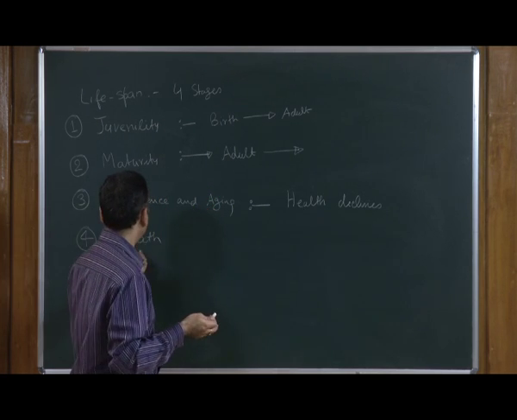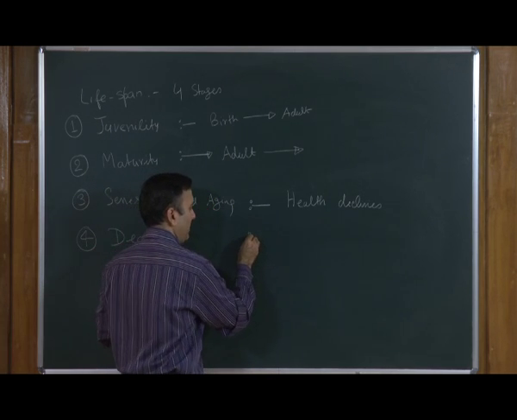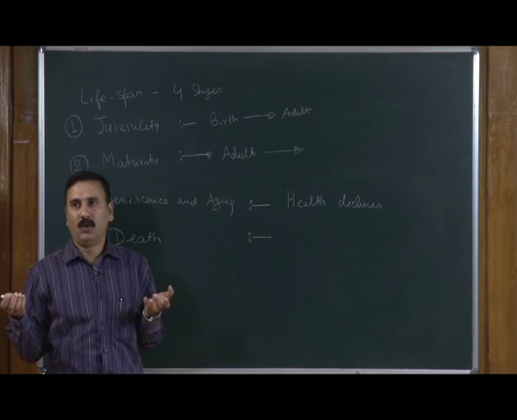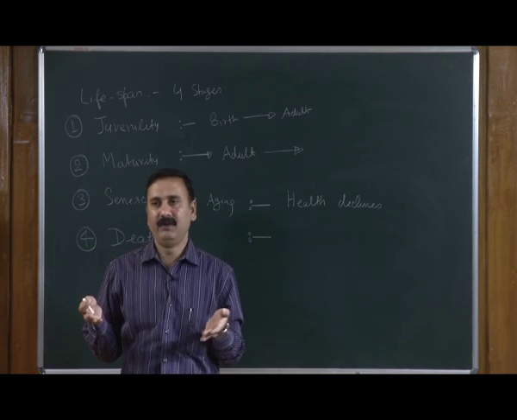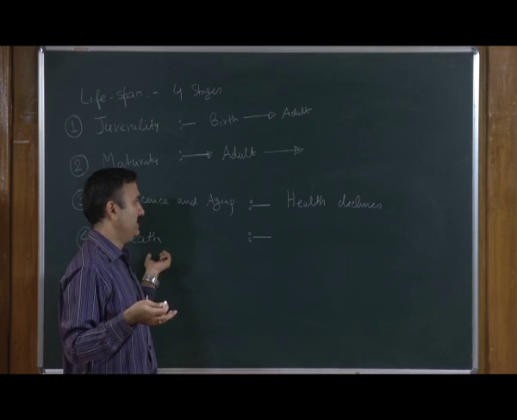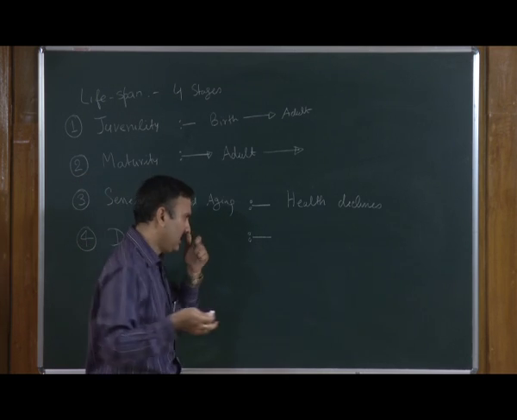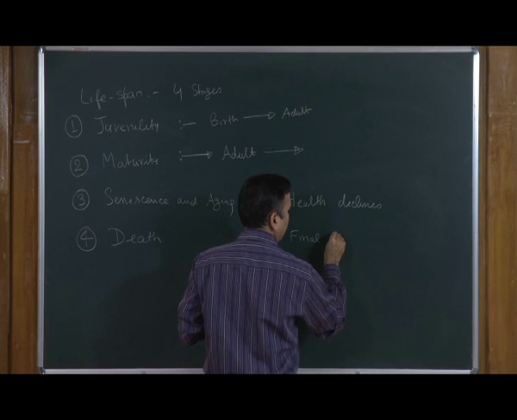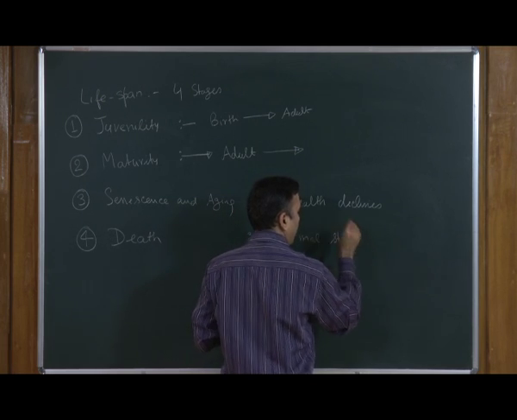And then once these parameters are not good enough to hold the life of an individual, then death happens. Okay. So, that is the final stage, where all the biological activity stops in a particular organism.